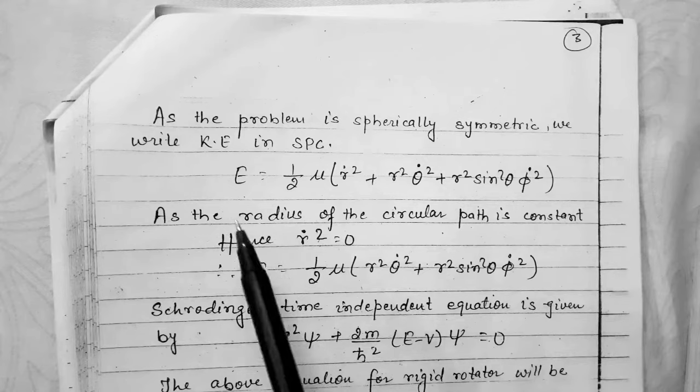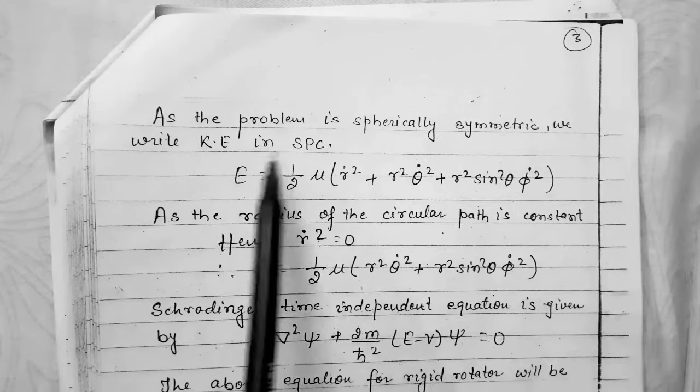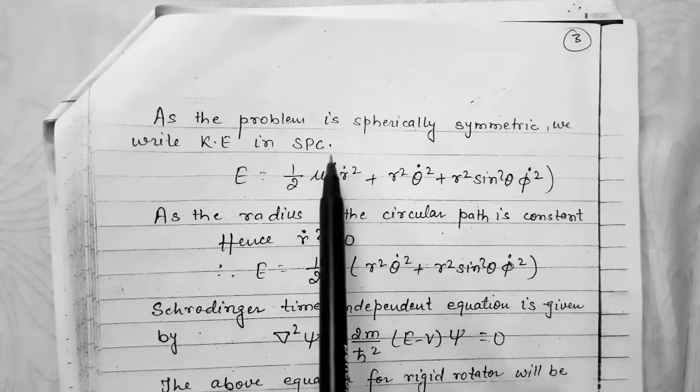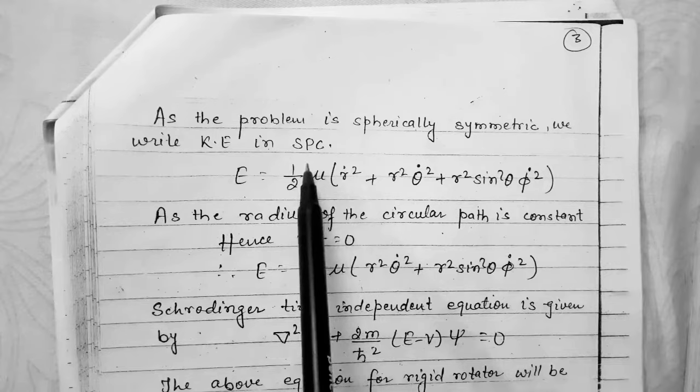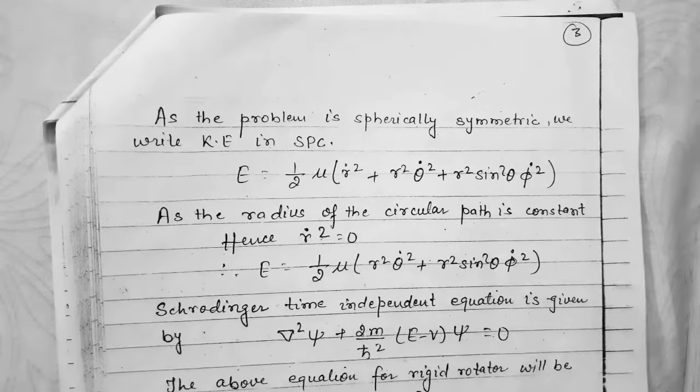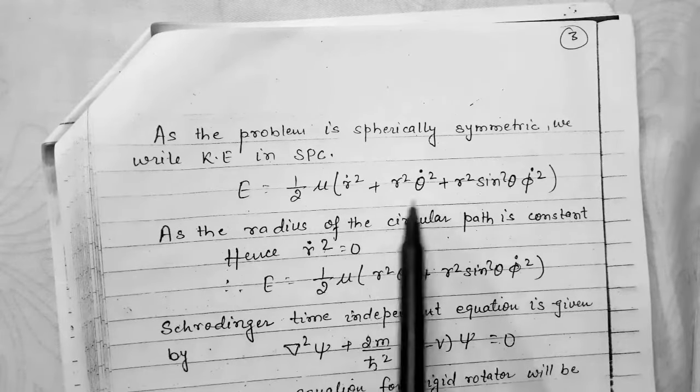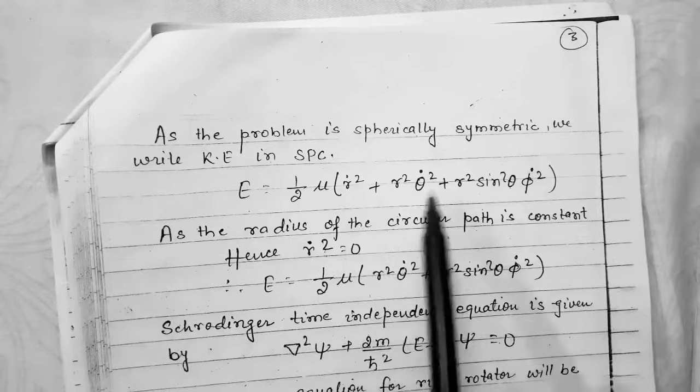So the kinetic energy of the body which has a reduced mass can be represented like this in spherical polar coordinates. This is one of the expansions for representing the kinetic energy in spherical polar coordinates, so this equation must be remembered.